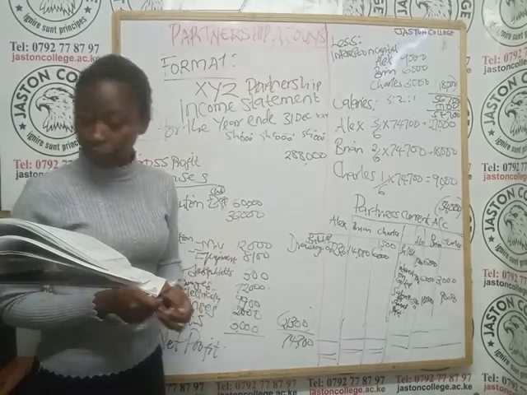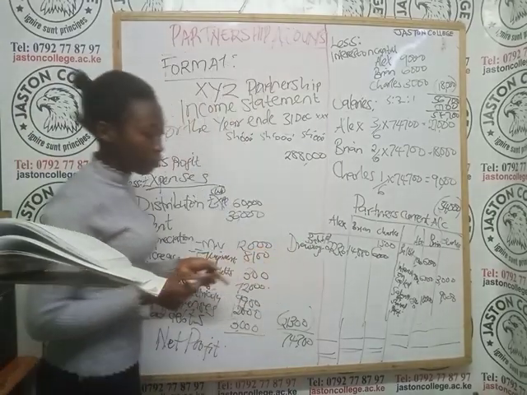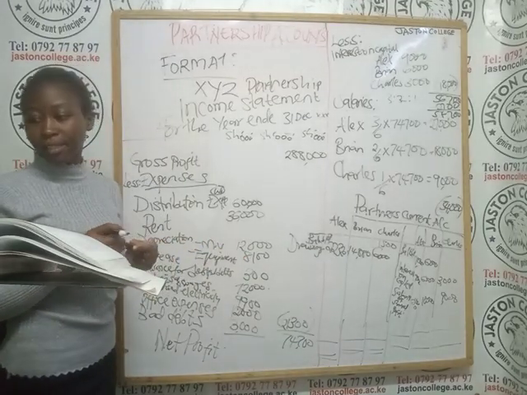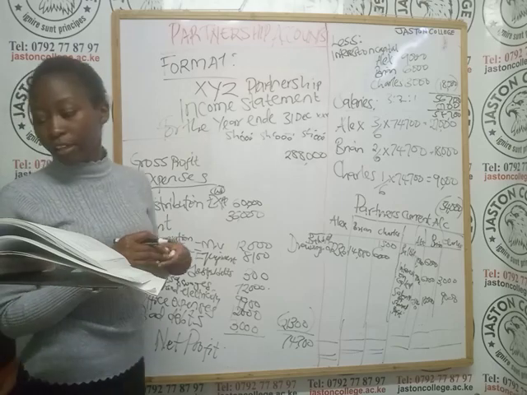So it will be 45,000 from the Alex side, then 30,000 from the Brian side, and for Charles we will have 14,700.